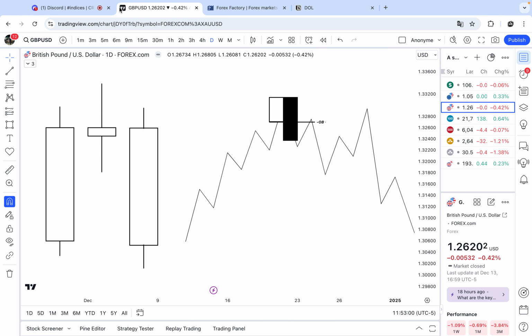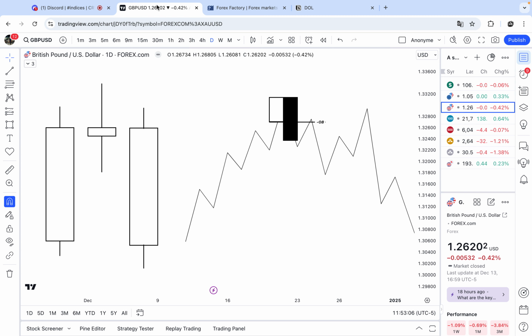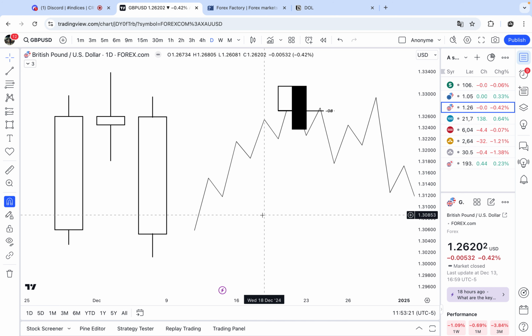Wow, so that's going to be a big stop loss then. Yeah, but at the same time, risk to reward, bro. You're not looking at the pips. You're looking at risk to reward. You're not an intraday trader, you're a swing trader. Yeah, I am a swing trader.